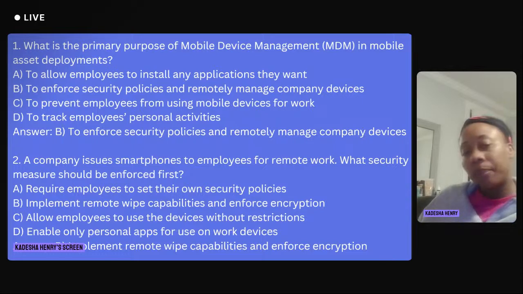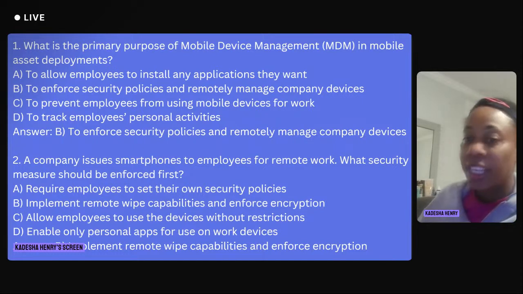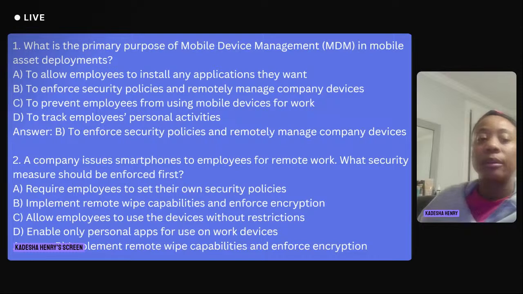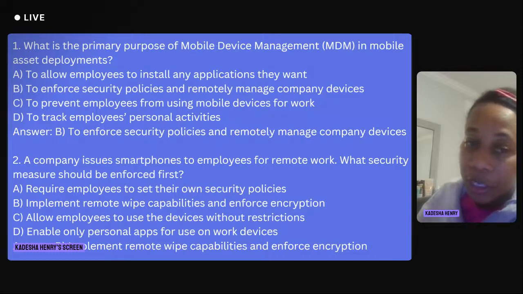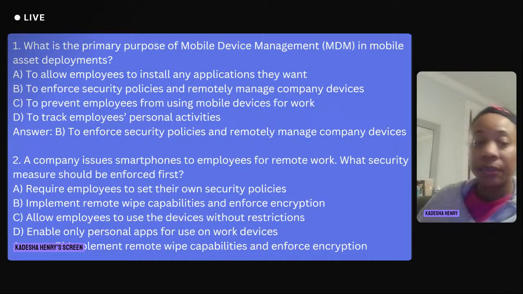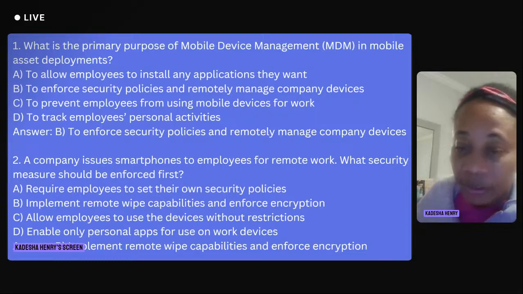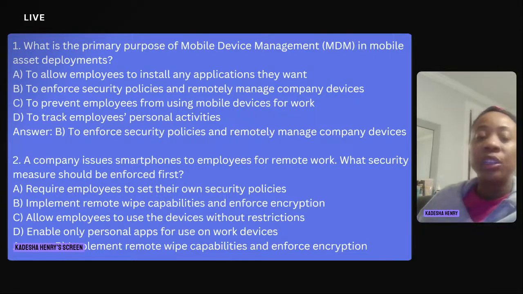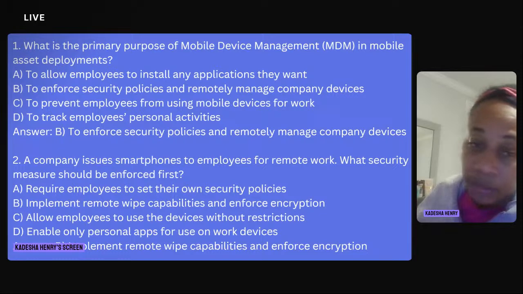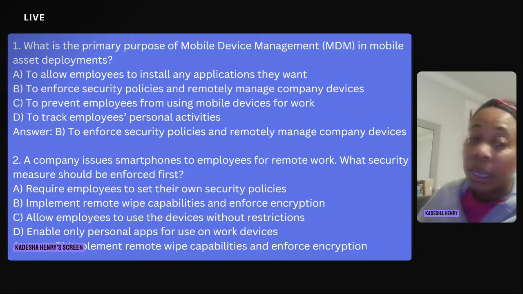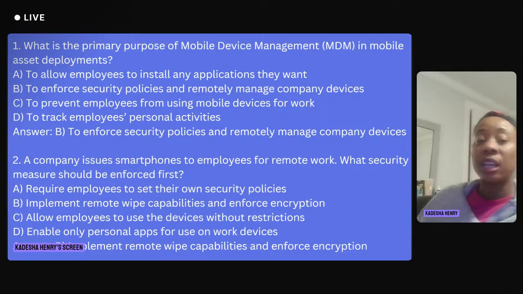A, allowing employees to install any application they want. B, enforcing security policies and remotely managing the company's devices. C, to prevent employees from using mobile devices for work. D, to track employees' personal activity. So we're not trying to track employees' personal activity, and we're not trying to prevent them from using mobile devices.